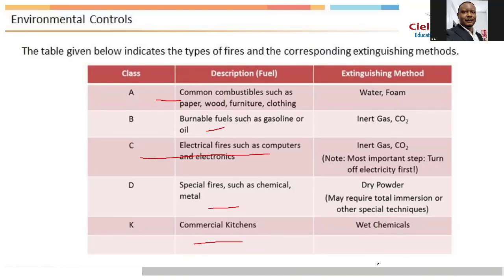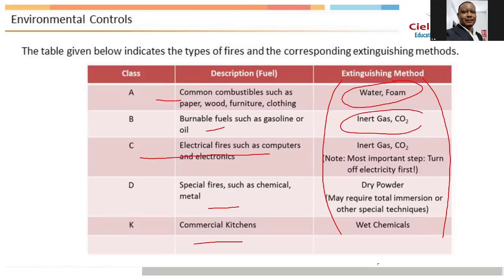So these fires have fire extinguishing methods or fire extinguishers that can work for them. Not all fire extinguishers will work for all types of fire. That's basically what we're saying in this case. For Class A, you can use water. For Class B, use inert gas such as CO2. Same for Class C. But for electrical fire, please make sure you turn off the source of electricity first.